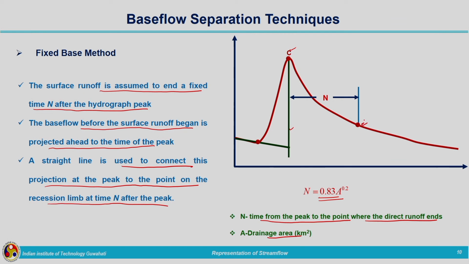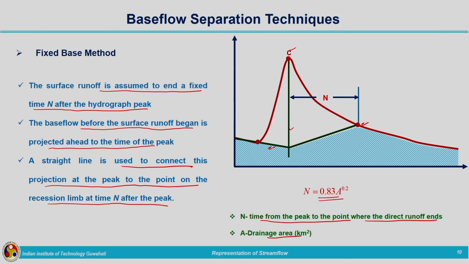So, we have already marked that particular point n days after the peak. So, we will be connecting this line with that particular point, and what is coming below will be subtracted from the total stream flow. So, that subtracted one will be providing you the base flow.